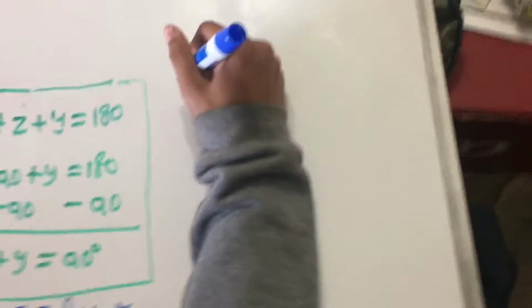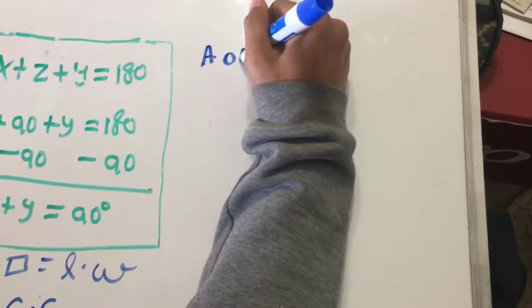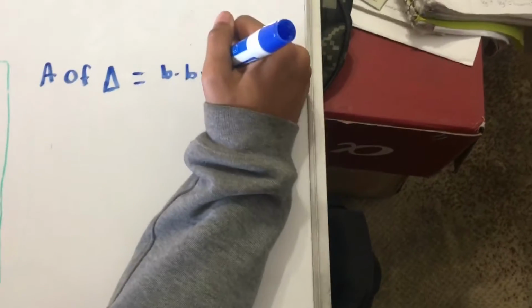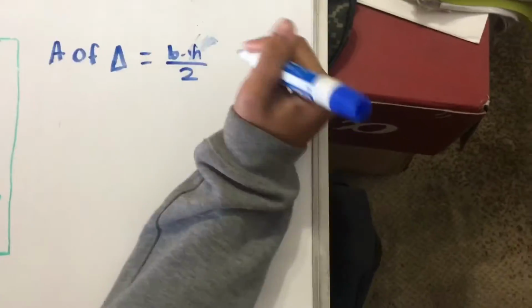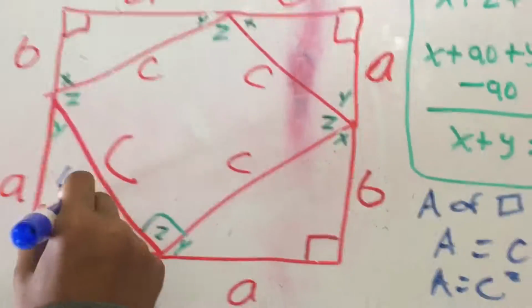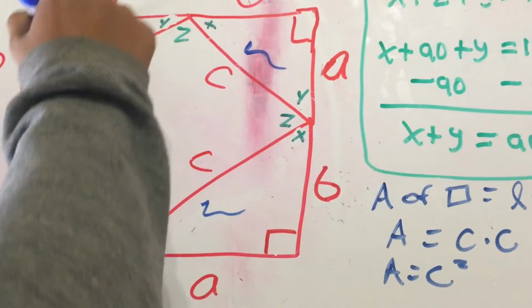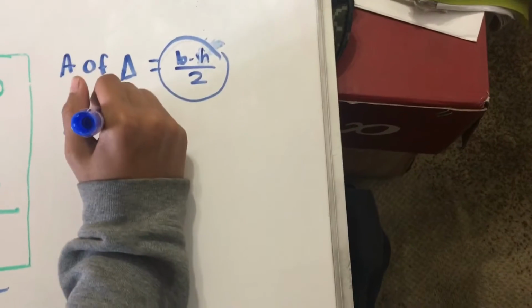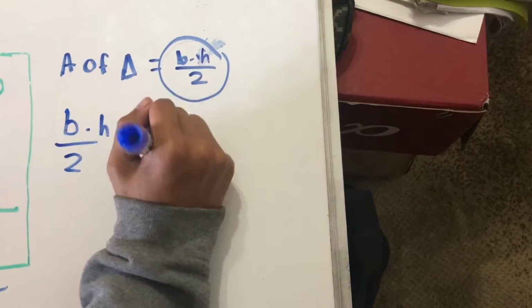We all know that the area of a triangle equals base times height over 2. And since there are 4 small triangles, we would multiply this times 4: base times height over 2, or over 1.